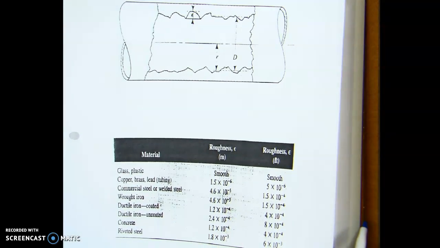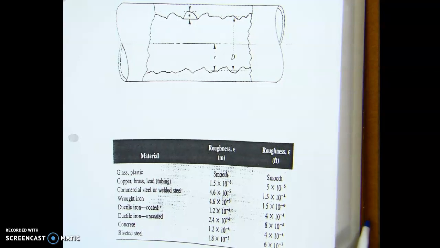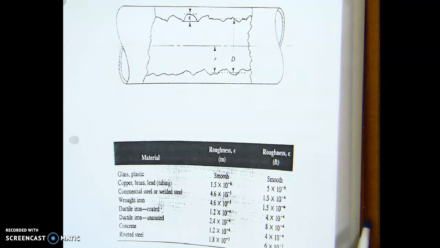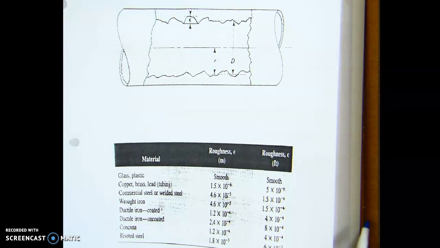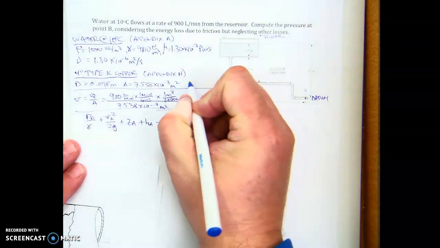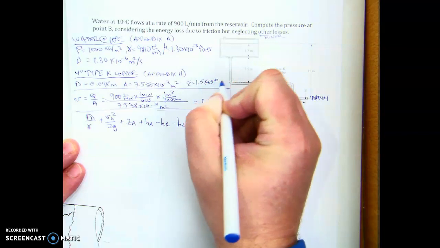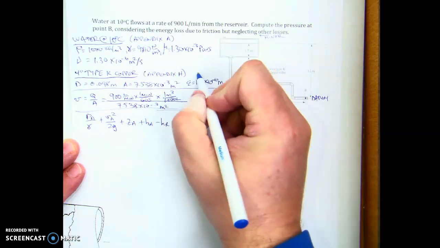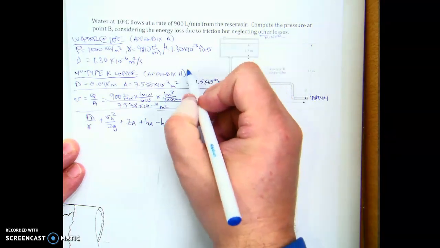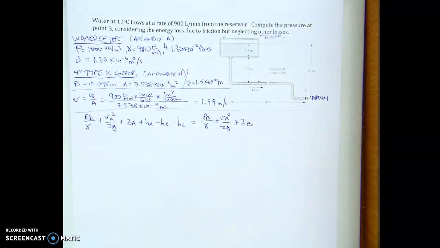And you can see for copper that it is 1.5 times 10 to the minus 6 meters, the second one down. So epsilon is 1.5 times 10 to the minus 6 meters. And that is from our, well, we've got it in a few places in our package book.